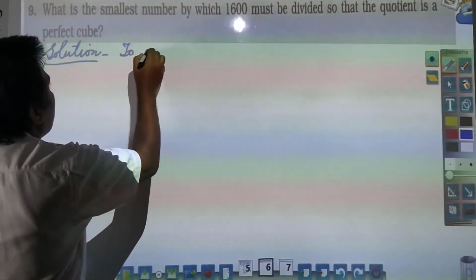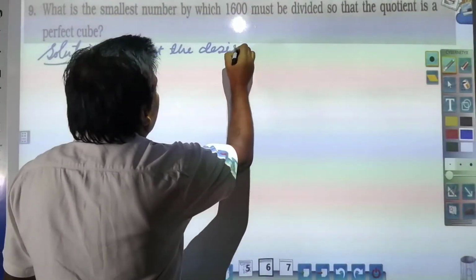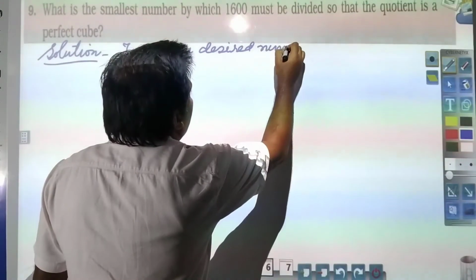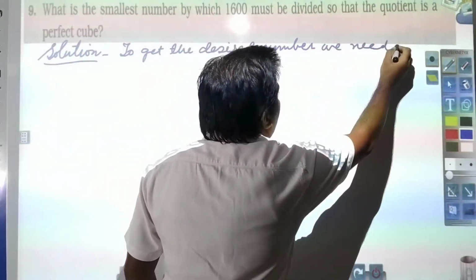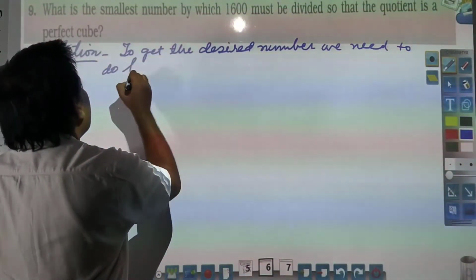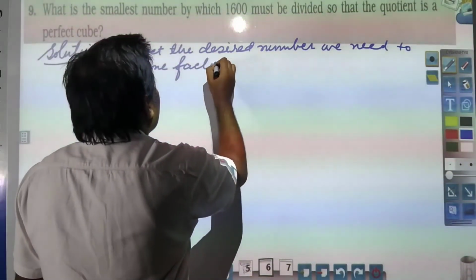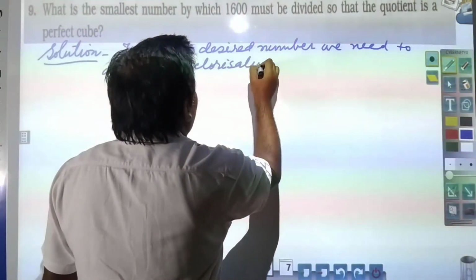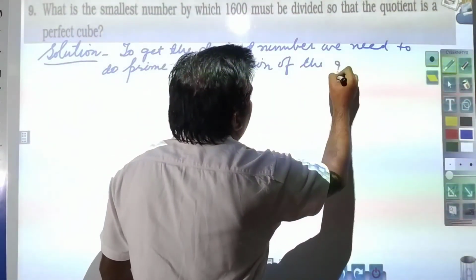To get the desired number, we need to do prime factorization of the given number.